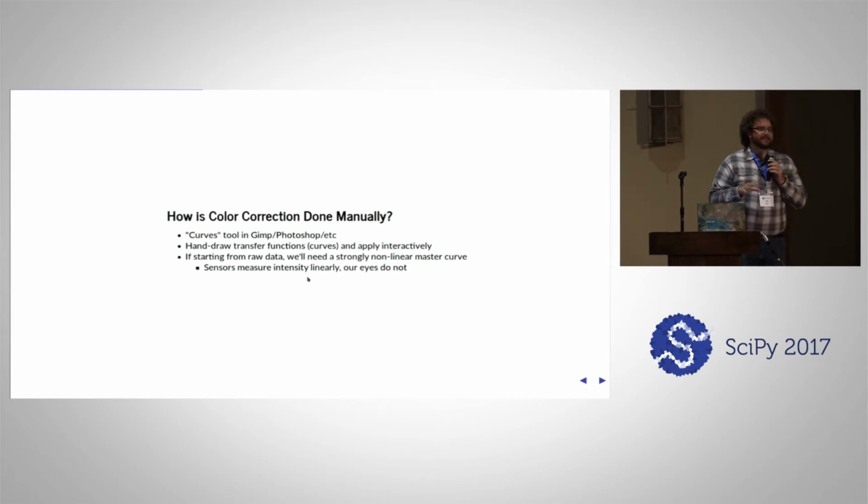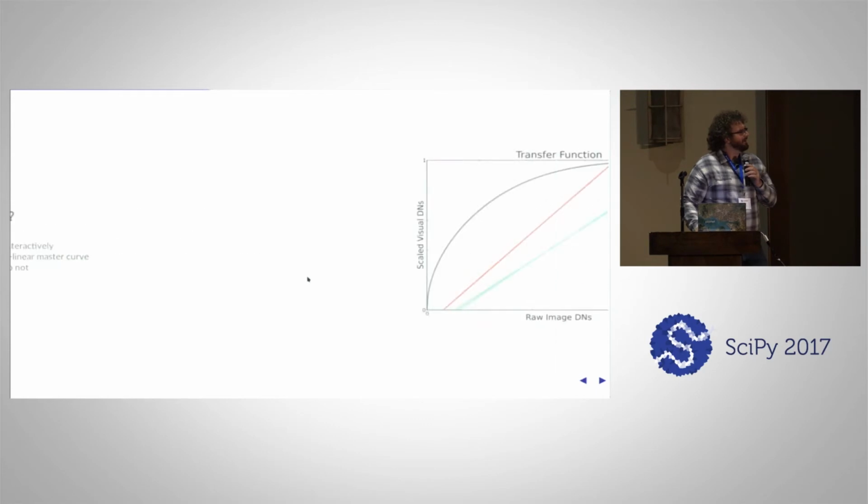So when we take something that we want to represent visually from the raw sensor data, we also need to apply this kind of broad correction for just how our eyes perceive light. So usually when you're doing this manually, you'll incorporate that. You could also work directly with visual data that's already been visually corrected, but for the most part, we're starting from the raw data here. So let's mention that while we're on it.